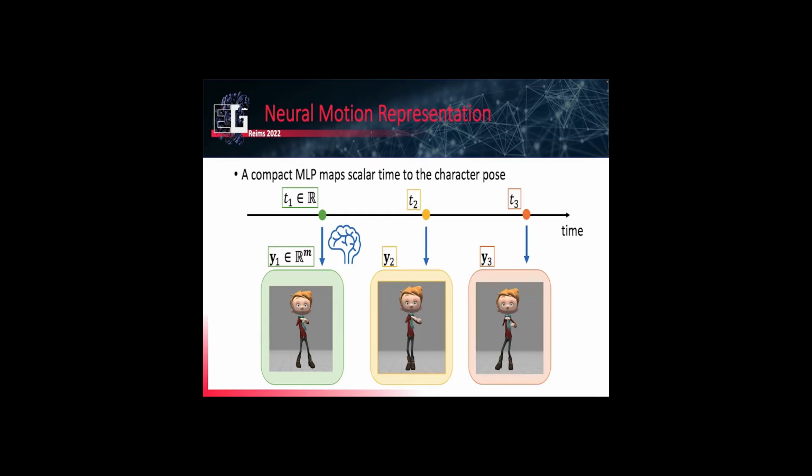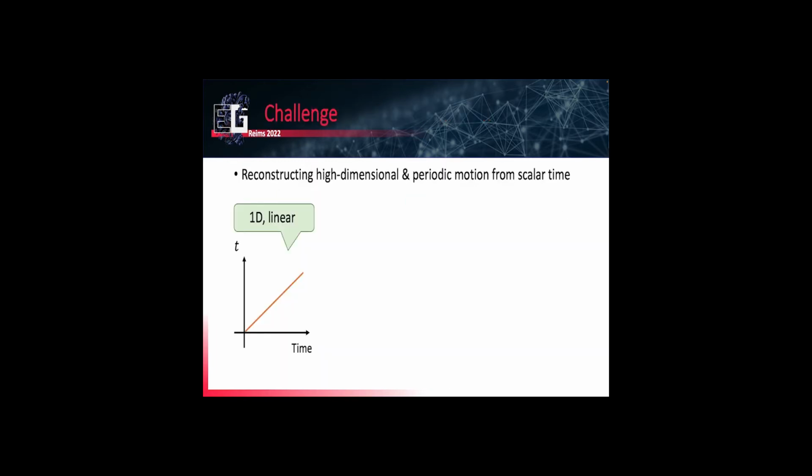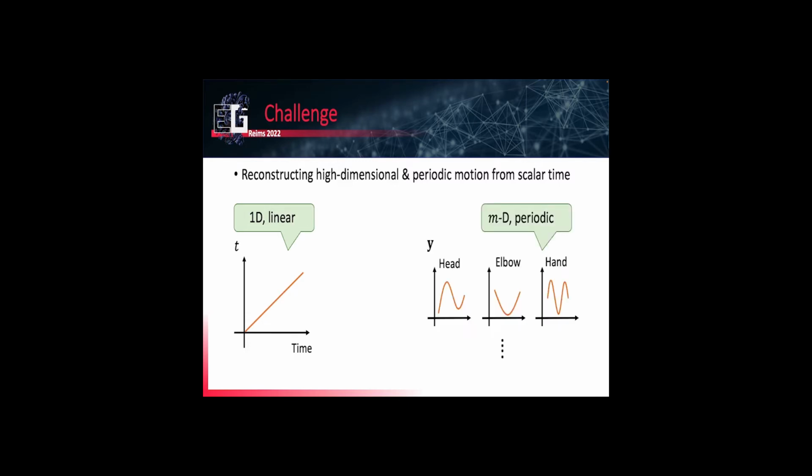However, it is not straightforward to train a standard neural network directly using these time-pose pairs as training data. The input to our neural representation is time, a simple one-dimensional and linear signal. On the other hand, the output pose is high-dimensional and consists of complex and periodic signals.